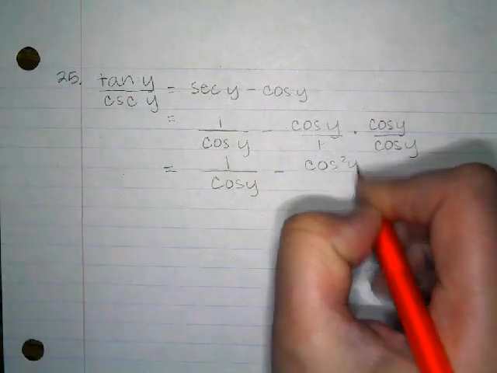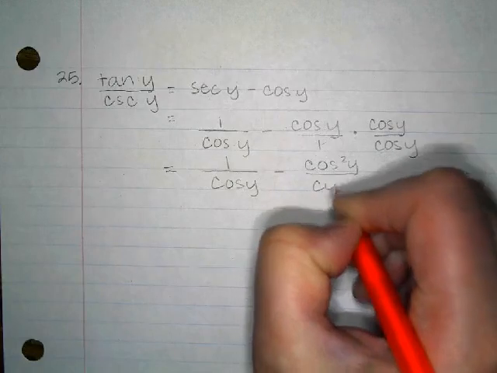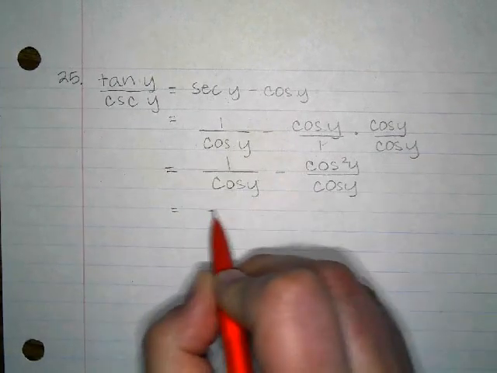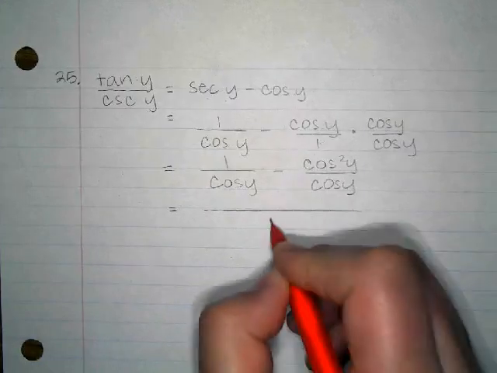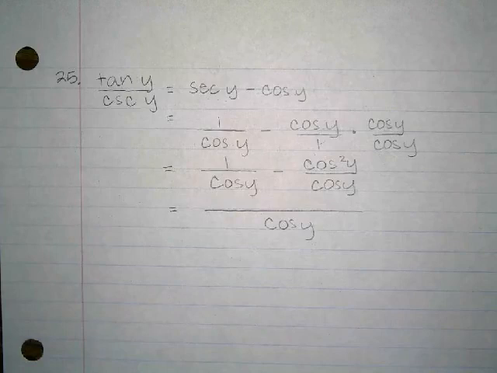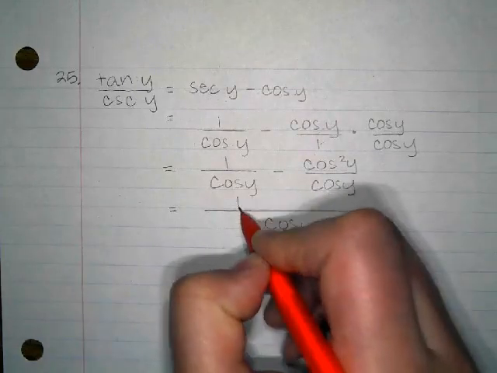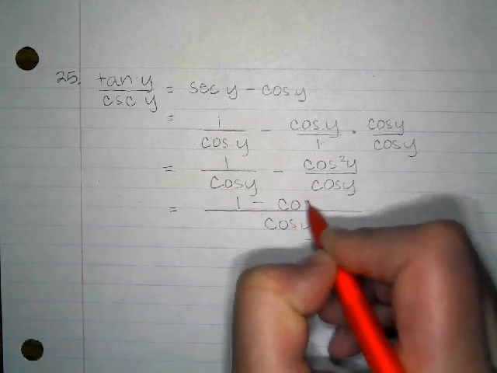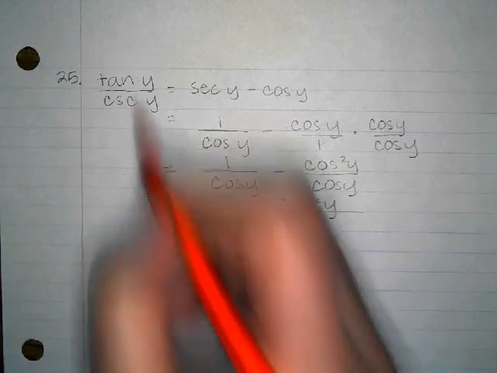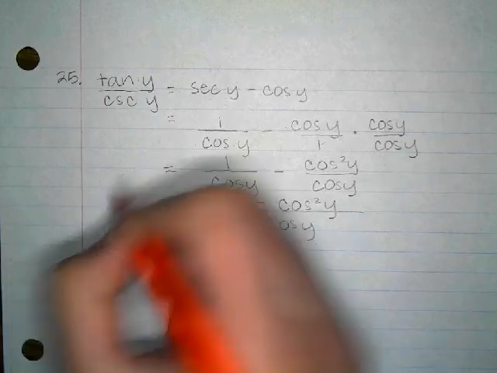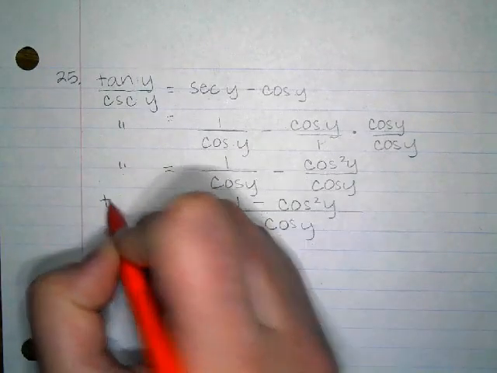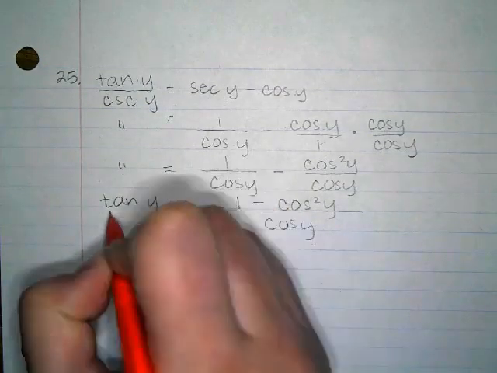So at this point we have a common denominator, that's cos, and what is on the top? 1 minus cos squared. So at this point we might be starting to look at the left side and kind of thinking of it as like this is our answer key and we're starting to cheat a little bit.